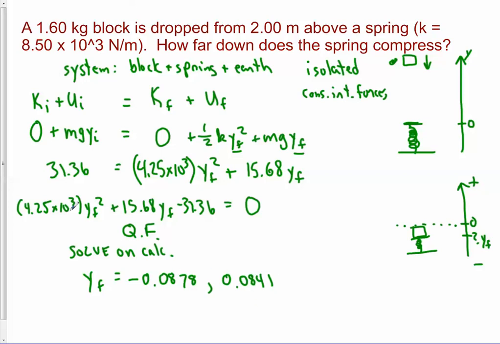Now, quadratics often give you two answers, so we pick the one that's physically possible. We were expecting a negative answer here, so that would be this one. So yf, the final y, is negative, and let me change it to centimeters: negative 8.78 centimeters. So the spring will compress by 8.78 centimeters when that block hits it and pushes all the way down.